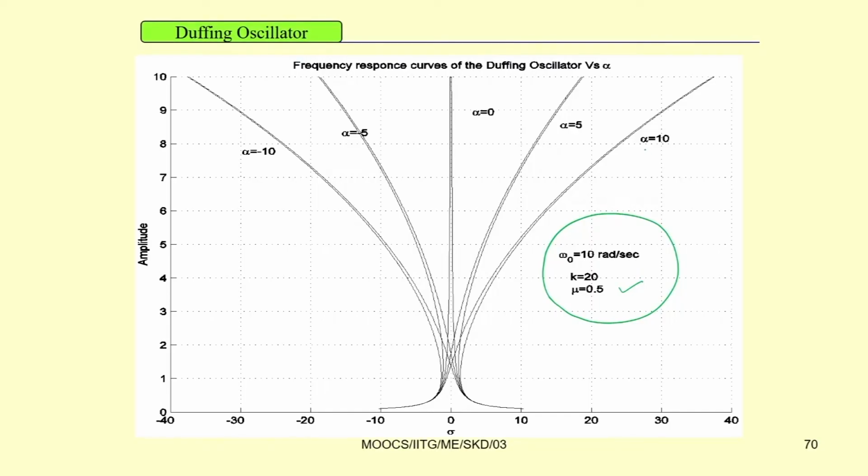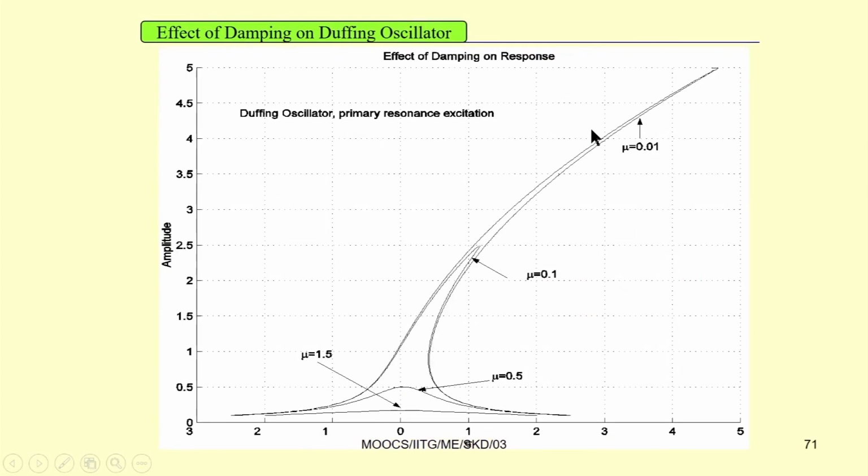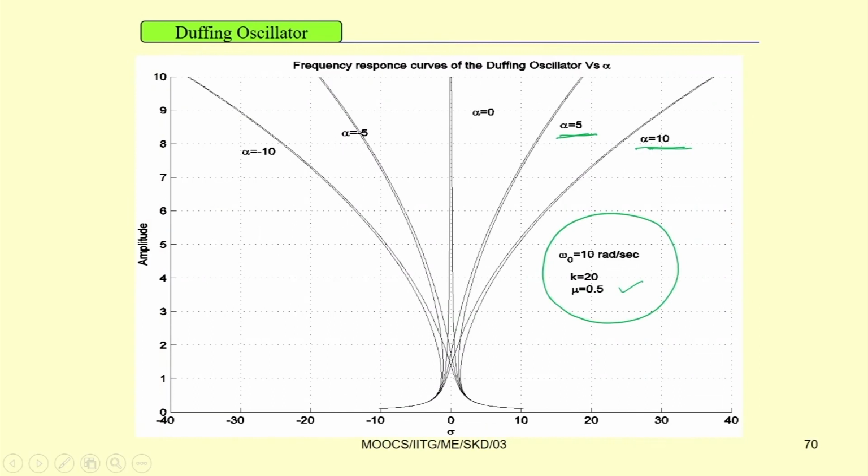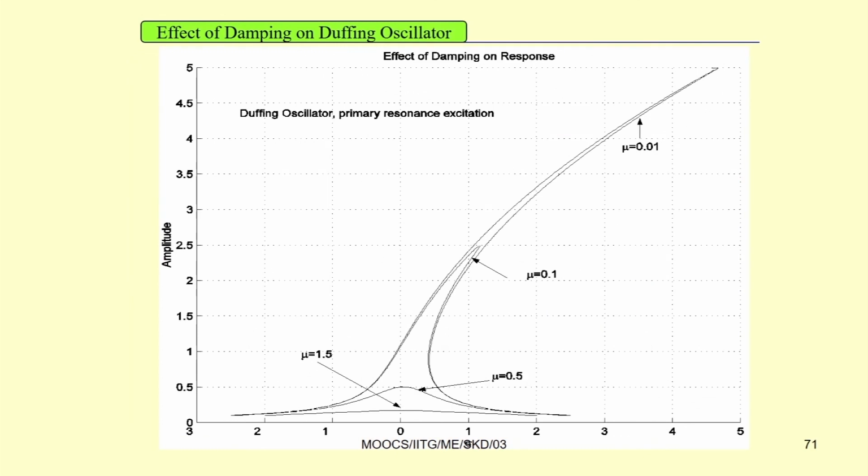For different values of alpha, these are nonlinear terms, for example alpha equal to 10, alpha equal to 5, alpha equal to 0. For alpha equal to 0 there is no nonlinearity, so the response goes to infinity, and for different values of alpha you can plot the response of the system. Similarly you can study what is the effect of damping.